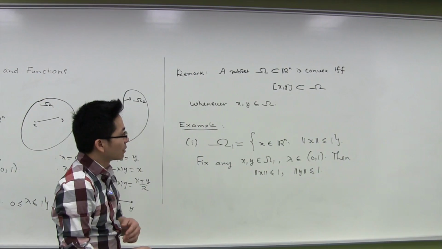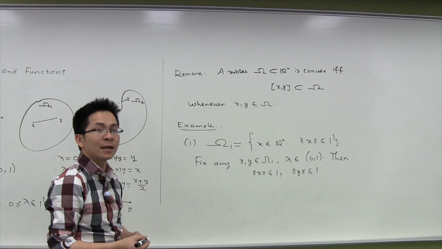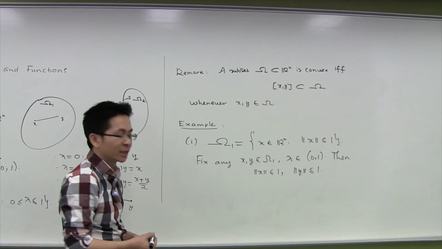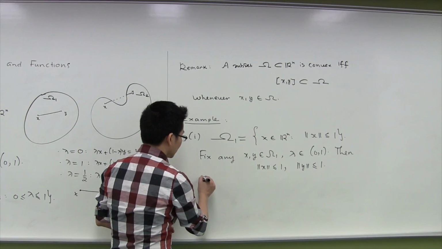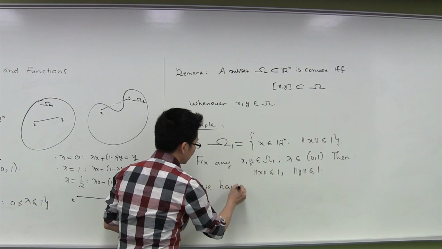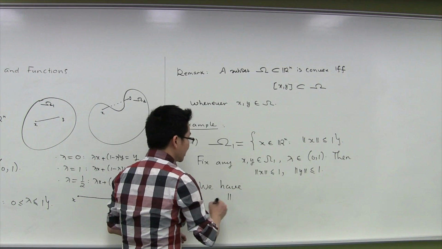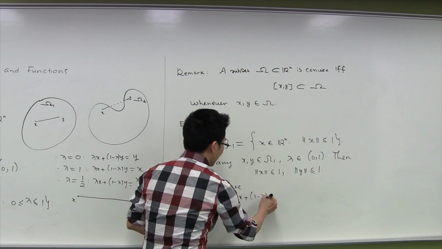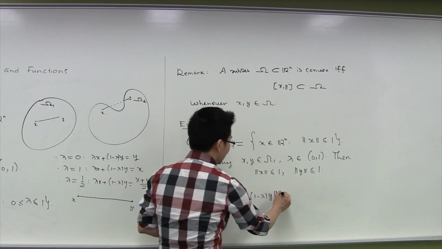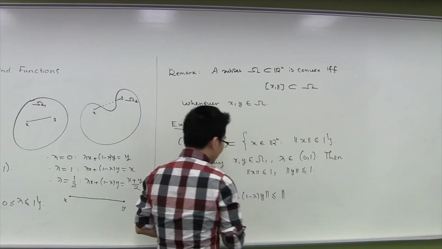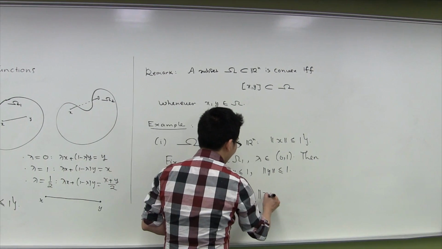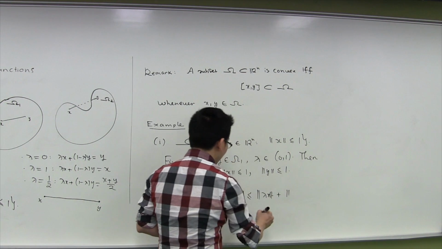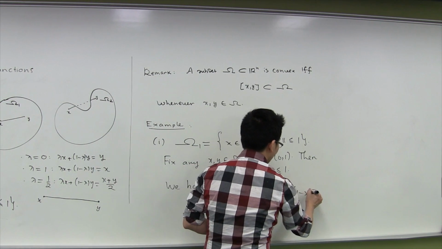Now by the triangle inequality and also another property of the Euclidean norm, we have the following. The Euclidean norm of lambda x plus 1 minus lambda y is less than or equal to the Euclidean norm of lambda x plus the Euclidean norm of 1 minus lambda times y.